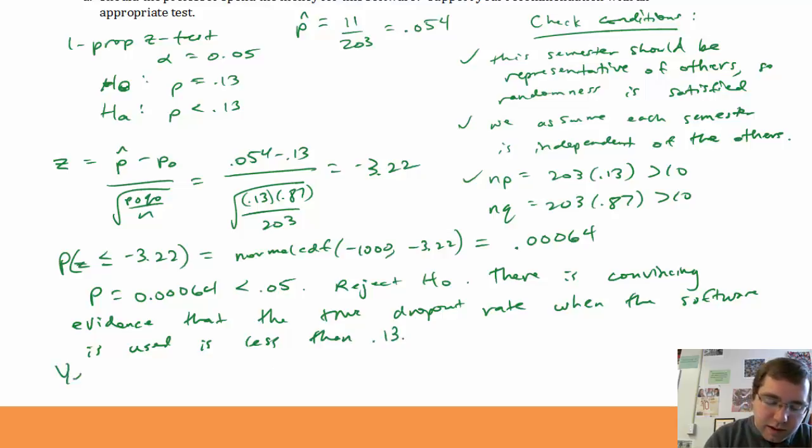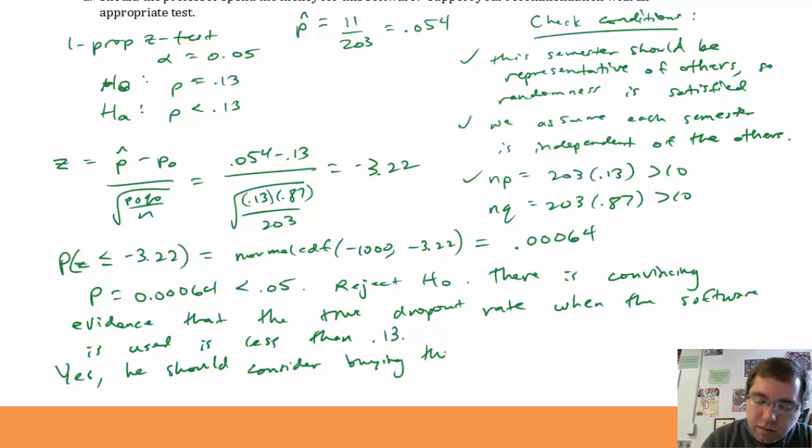So that means for this problem, yes, he should consider buying the software. Because we seem to have evidence that buying the software is going to lower the dropout rate. How far is it going to lower it? We don't know. But it's likely to be less than 0.13. That's all our test tells us.